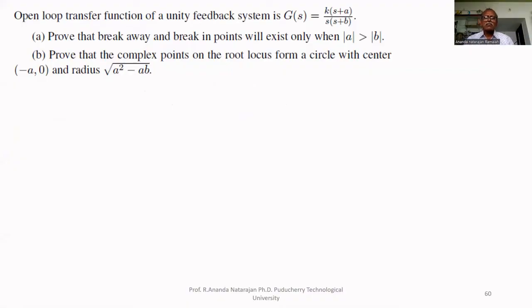The open loop transfer function of a feedback system is G of S equal to K multiplied by S plus A upon S multiplied by S plus B. We have to prove that the breakaway and break-in points will exist only when modulus of A is greater than modulus of B. To find breakaway and break-in points, we have to find K, because dK by dS equal to 0 will give the breakaway and break-in points.